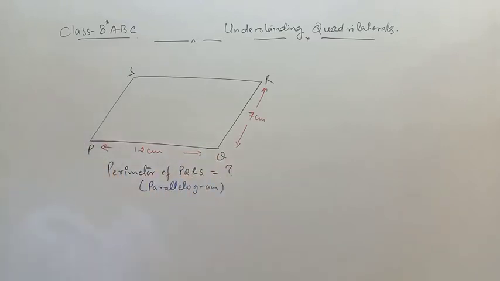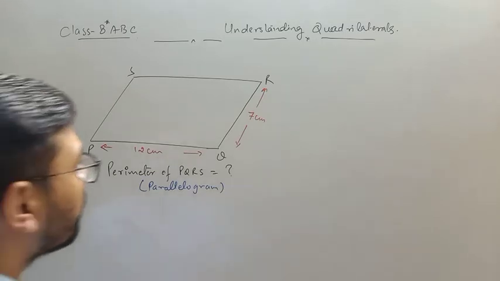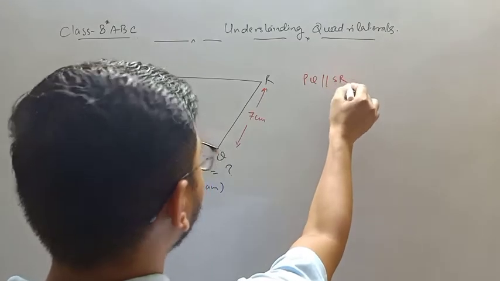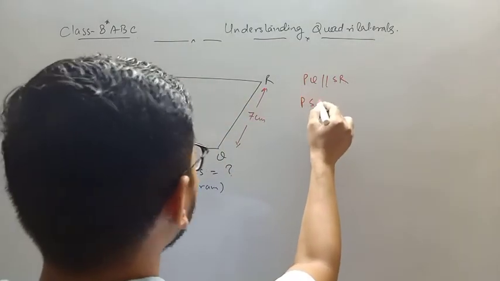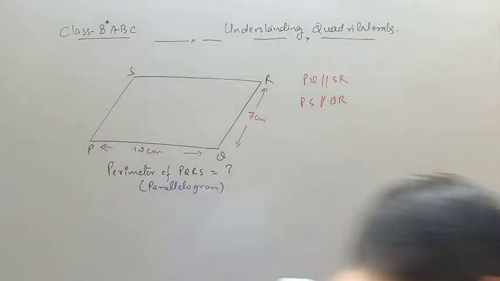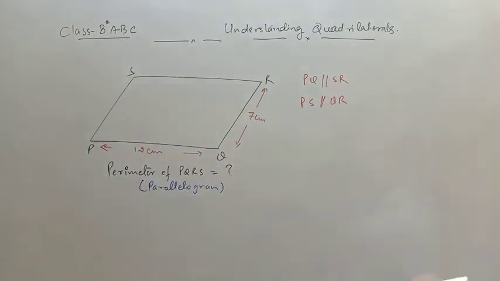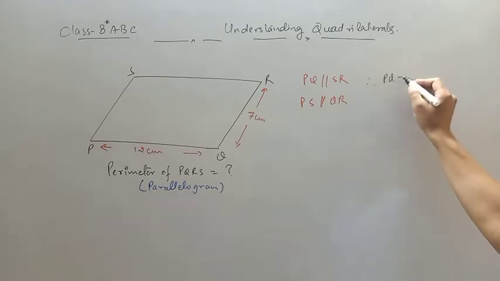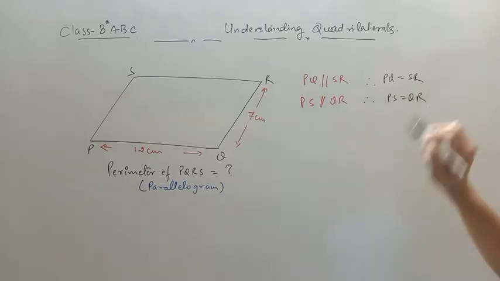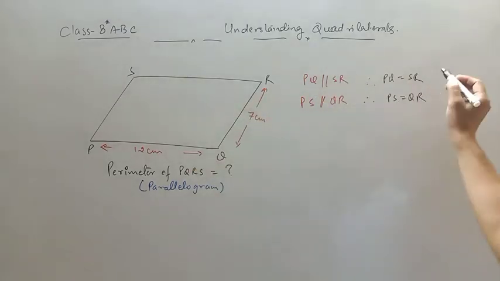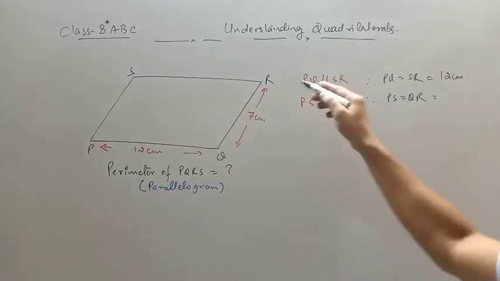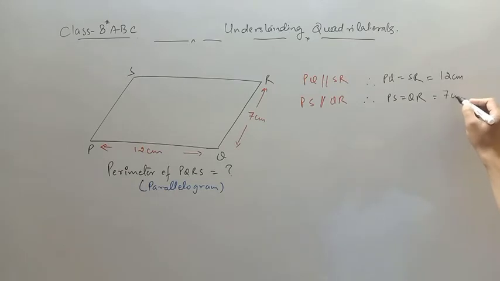If it's a parallelogram, then PQ is parallel to SR and PS is parallel to QR, and then PQ is equal to SR and PS is equal to QR. So PQ is equal to SR, which is 12 centimeters, right? And PS is equal to QR, which is 7 centimeters, right?